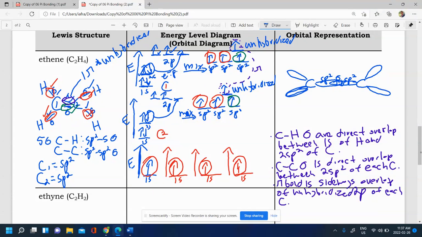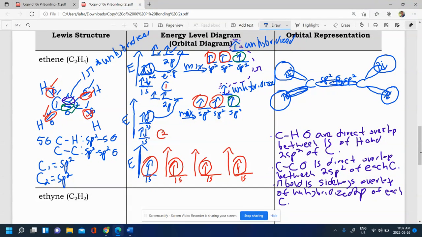And we can do the hydrogens here. So first I do the sigmas. So up, down arrow, up, down arrow, up, down arrow, up, down arrow in the regions of overlap.